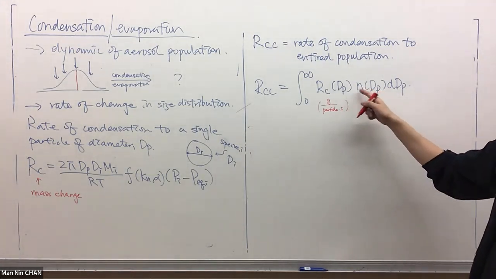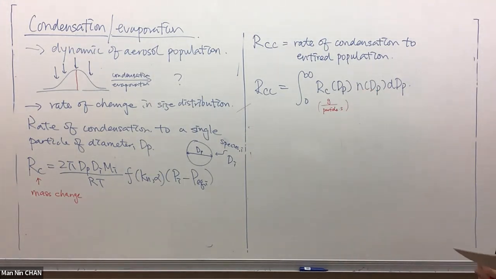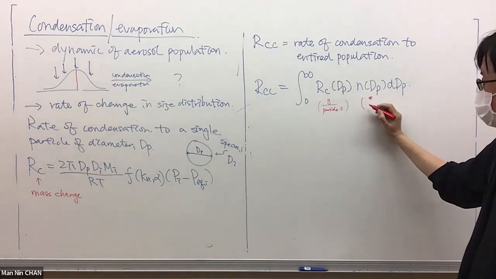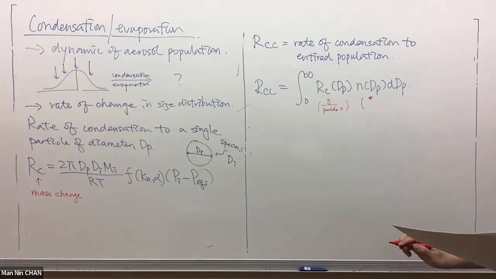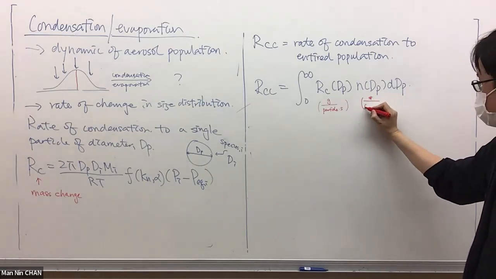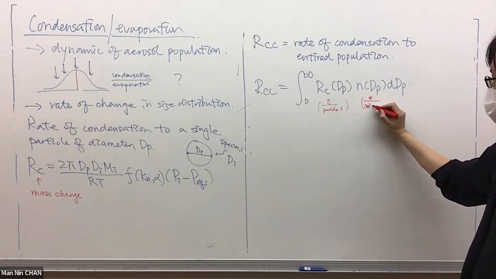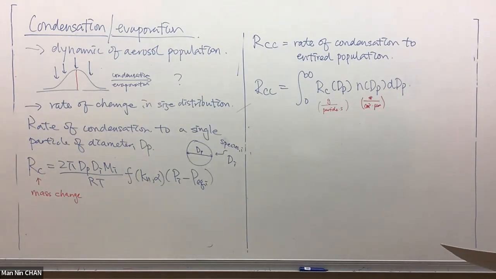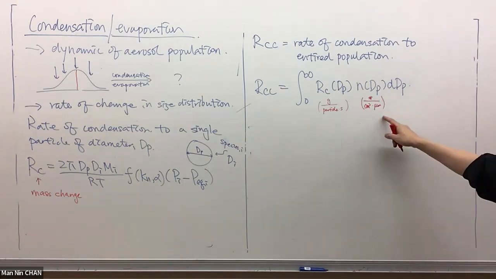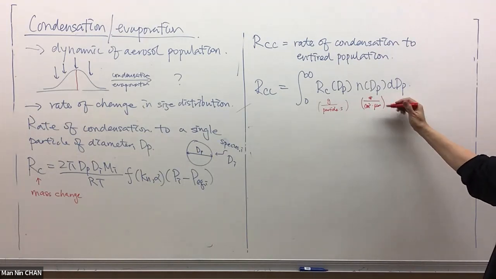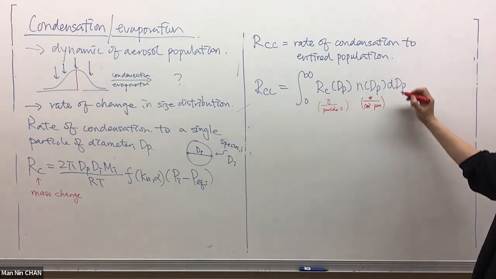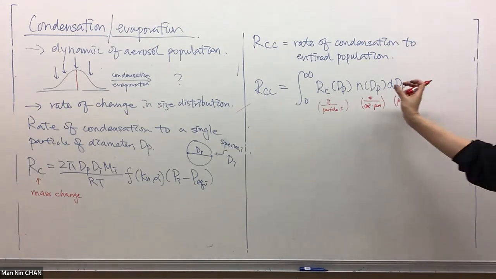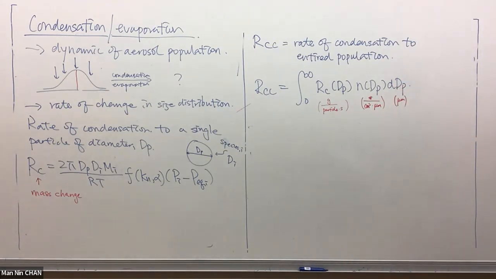And then this is your particle size distribution function, so you are looking at the number concentration of the particle at a given size range. For the particle size you usually use the micron, and this is your size range here.